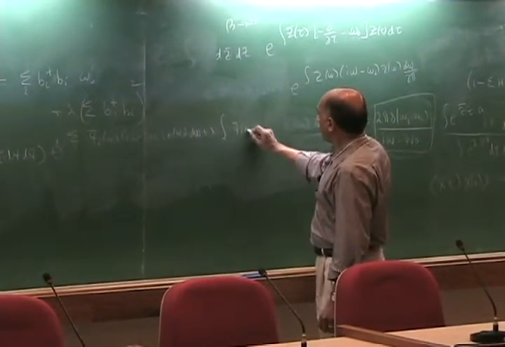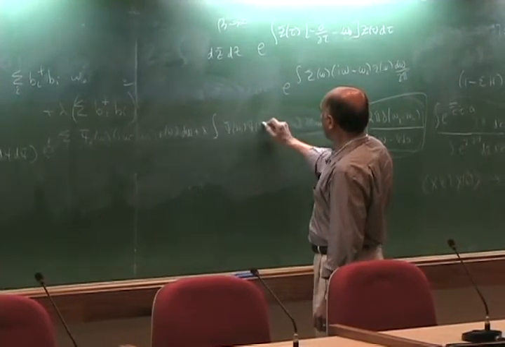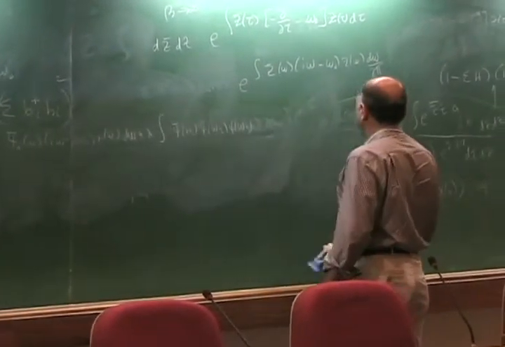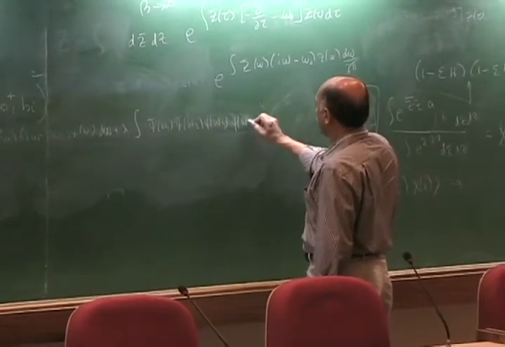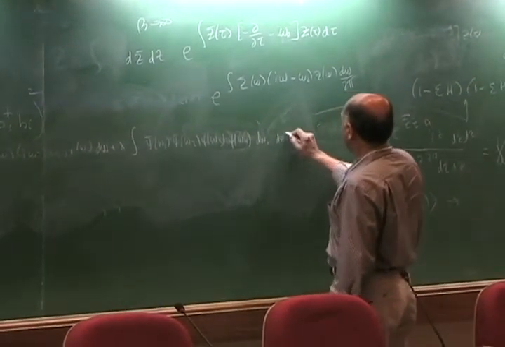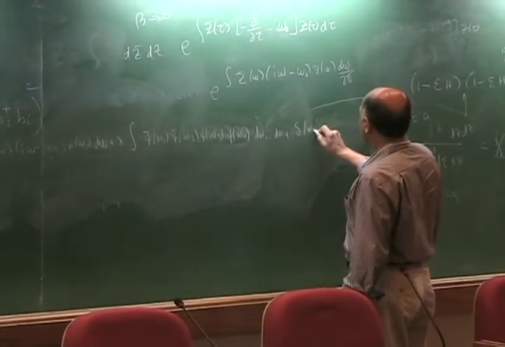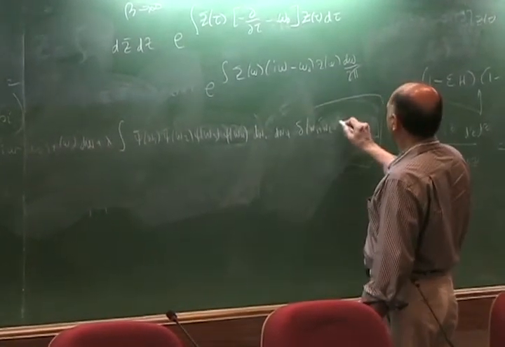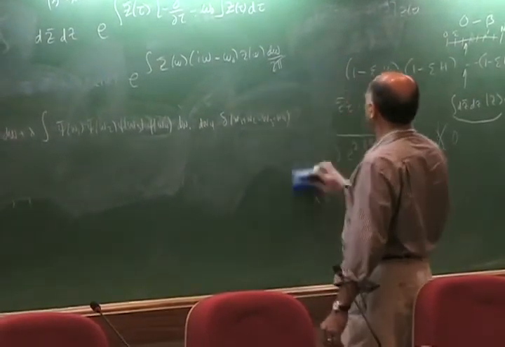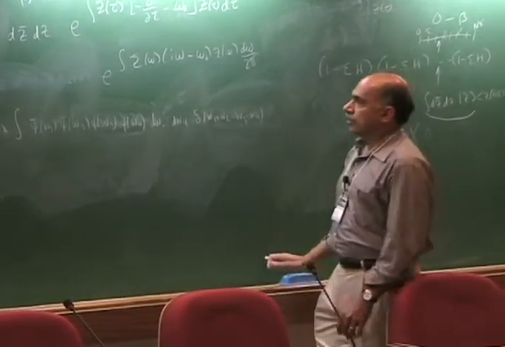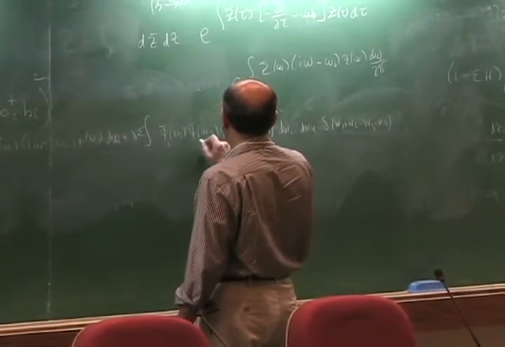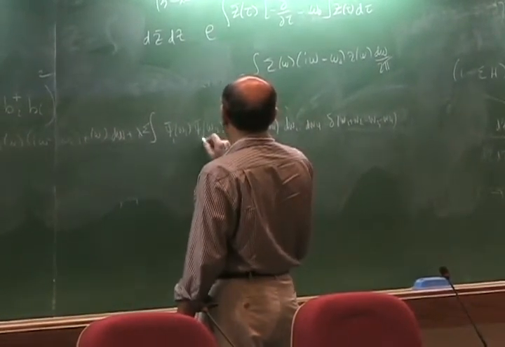You'll have psi bar of omega 1, psi bar of omega 2, psi of omega 3, psi of omega 4. Then what should we have? d omega 1 up to d omega 4. Then we need a delta function of omega 1 plus omega 2 minus omega 3 minus omega 4. Then you will have i and j and j.